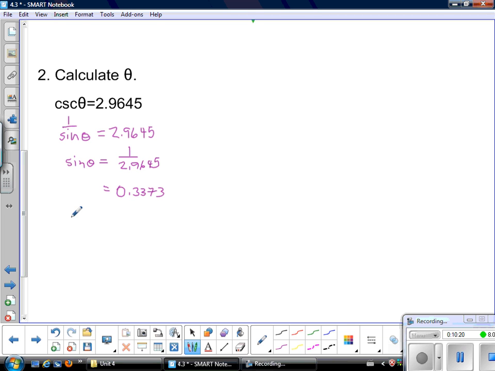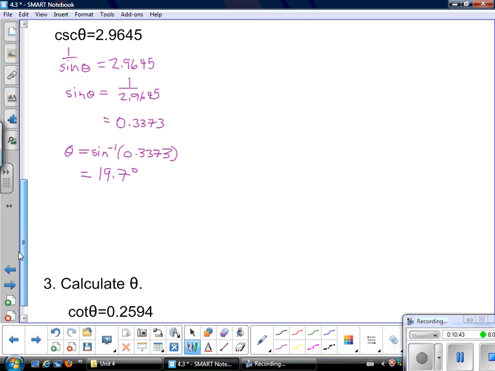And my angle theta is going to be the sine inverse. If you notice, it's not that bad really after you've done your flipping the reciprocal part. And so now theta, when you take your calculator, is approximately 19.7 degrees.